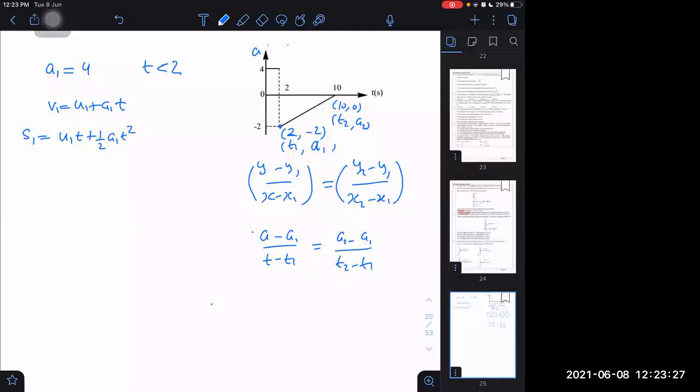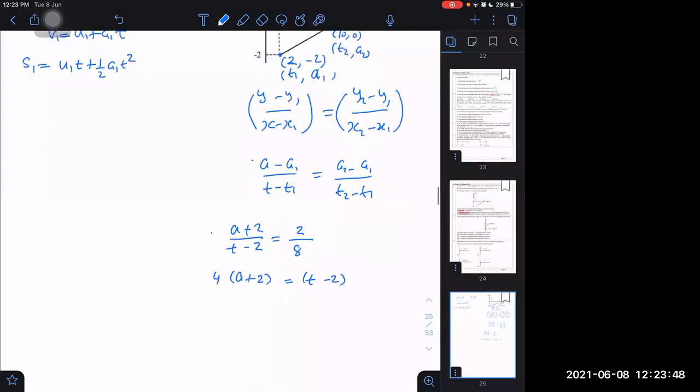We get a plus 2 divided by t minus 2 is equal to 2 divided by t2 minus t1, which is 8. So I'm getting a plus 2 into 4 is equal to t minus 2, or a is equal to t divided by 4, minus 1 by 2 minus 2.